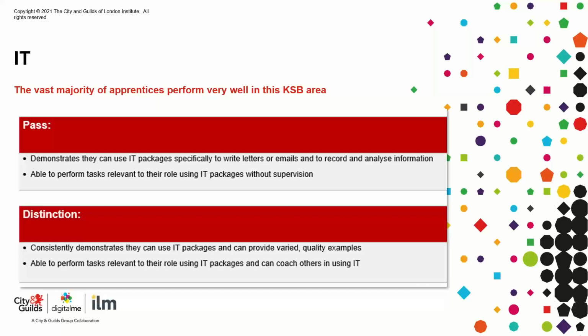If we look briefly at the criteria, the pass criteria here ask an apprentice to demonstrate if they can use IT packages to write letters or emails, or to record and analyse information. Most apprentices are great at IT and their portfolios are brimming with IT examples. It is often the analysis part where apprentices can lose marks, so it's important to show evidence of this, perhaps referring to spreadsheet analysis or the use of Gantt charts.